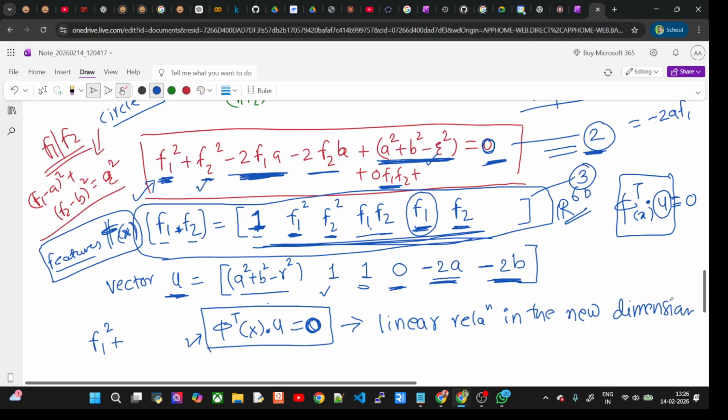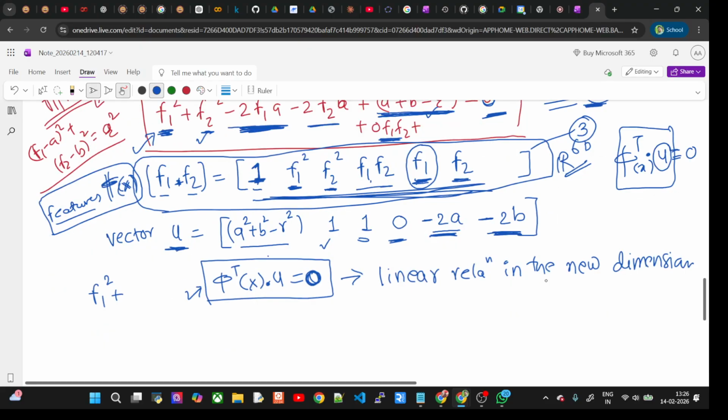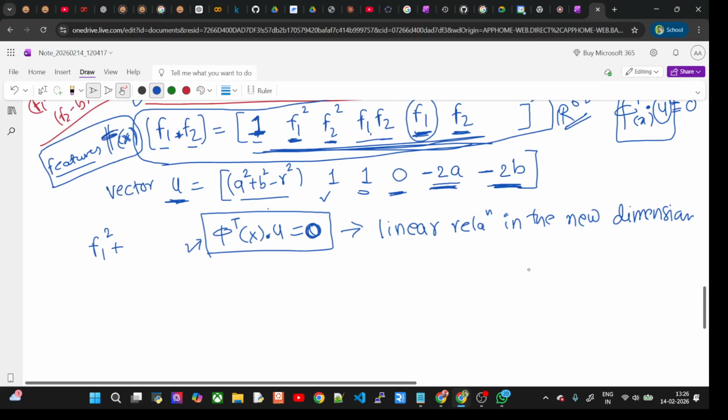Okay, just be there with me. The first point, whatever we are having, f1 and f2, what is the dimension? Murli sir, what is the dimension of f1 and f2? There are two, f1 and f2, so it has two dimensions. In two dimensions, what was the relationship?